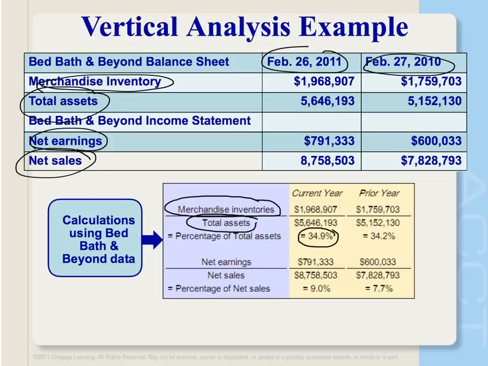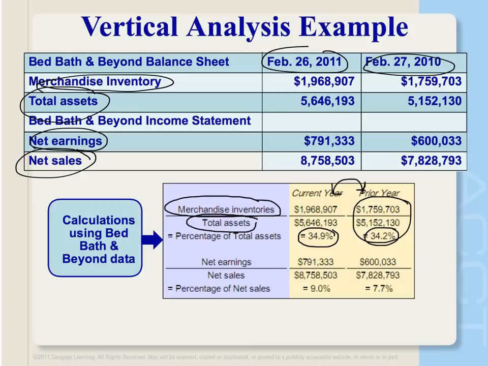So what this says is that the inventory represents almost 35% of the assets. The prior year, it represents 34.2%. So you can see year over year, there really wasn't much change.